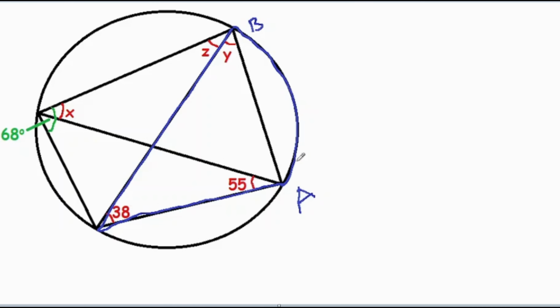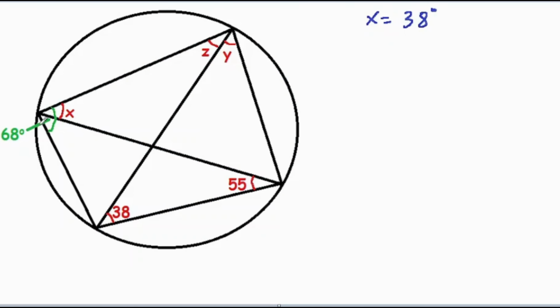Which angle is arc AB also subtending? Let's start from A, same starting point. As arc AB is subtending angle 38 degrees, arc AB is also subtending angle X. Therefore, X is equal to 38 degrees. Angles in the same segment are equal.